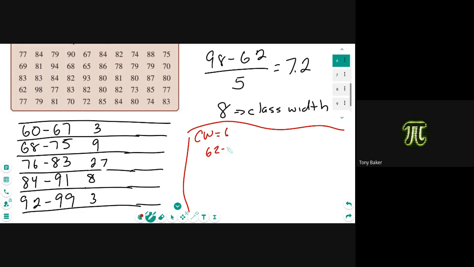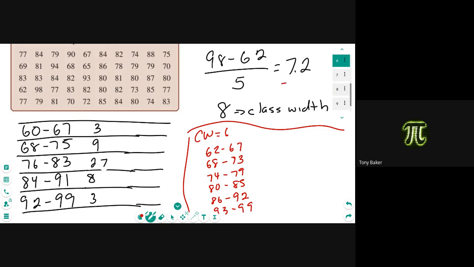If we start off at 62, we'd go to 67, 68 to 73, 74 to 79, 80 to 85, and 86 to 92. That's 5 classes, right? And I did a class width of 6. What's the problem? Right. I don't cover all the values. I'd have to add in the next one to cover all the values. And now I have 6 classes instead of 5.